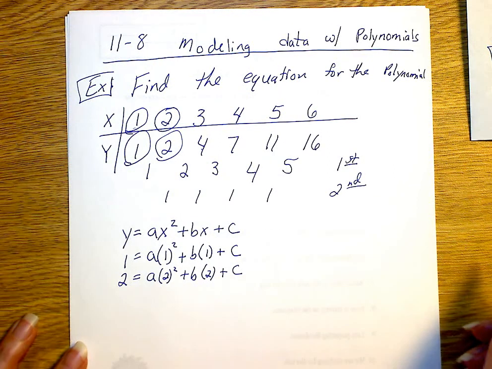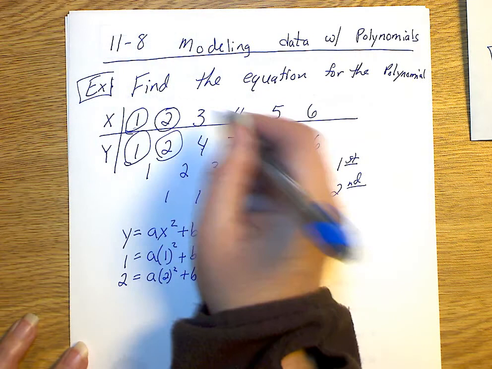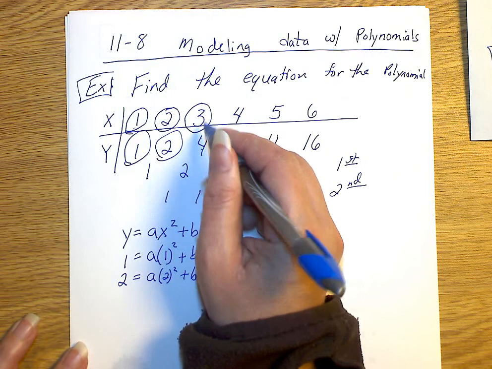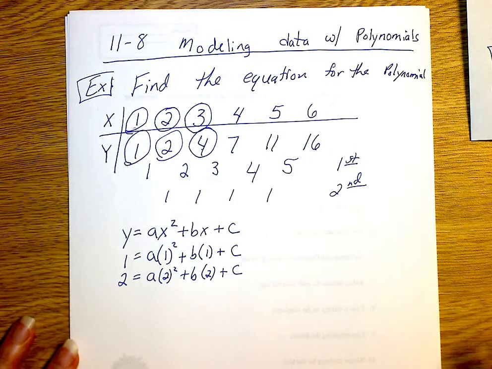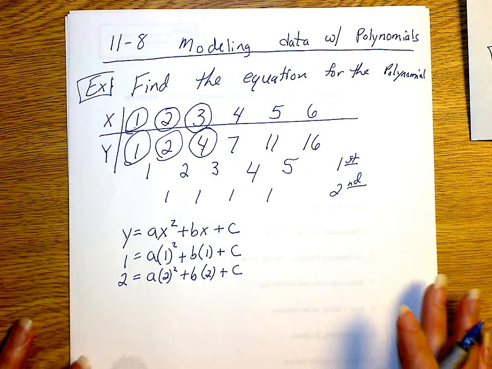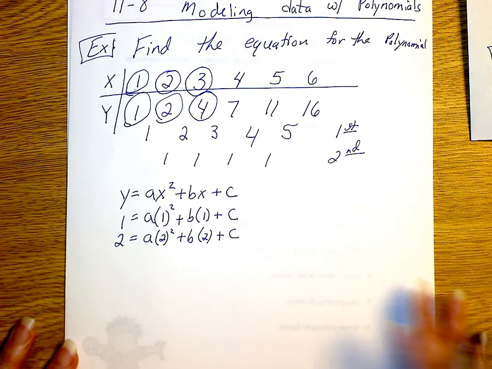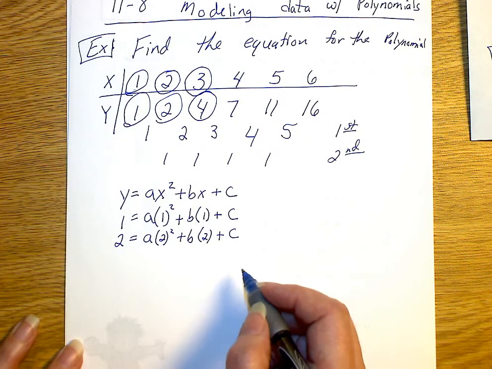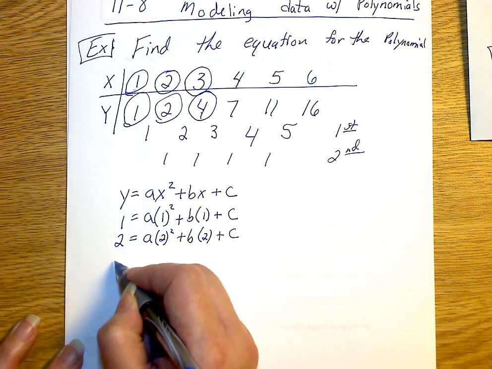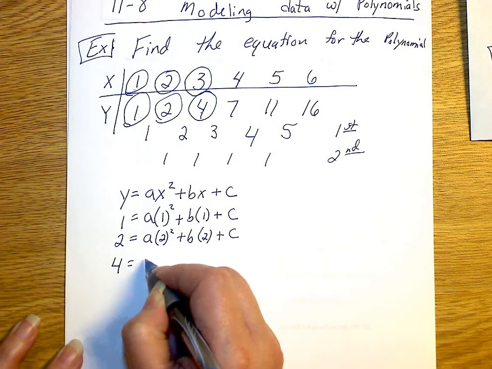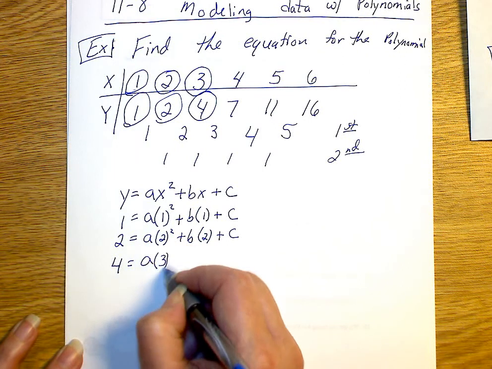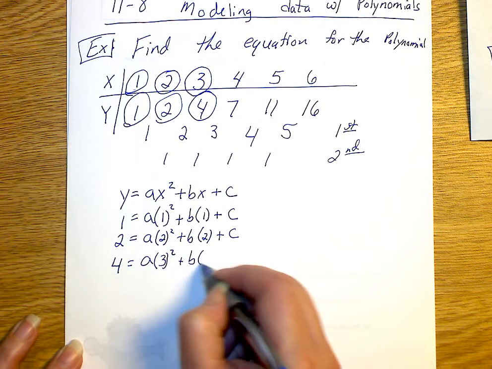So that means you have to take another point, right? So we're going to take our 3 for our x, and at this point, what is our y? 4. You're going to put 4 for your y, and I want you to create another sentence. So hopefully you have 4 is equal to a times 3 squared plus b times 3 plus c.